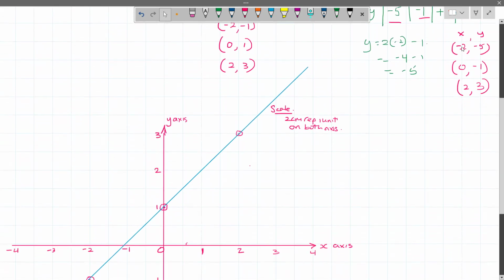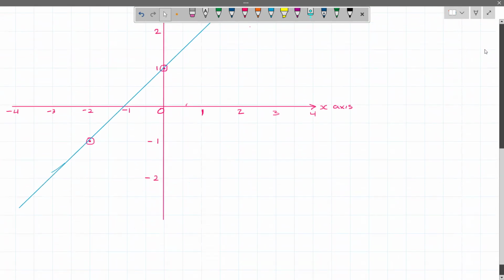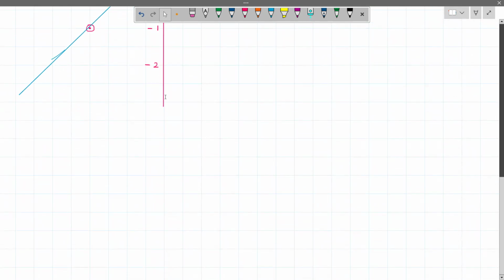Let's look at the values they have. -2, 0, 2, so we have that on the x. On the y, we have a -5. I don't think we had the -5 here, so let's just extend this line and include that. Right, so -3, -4, -5.